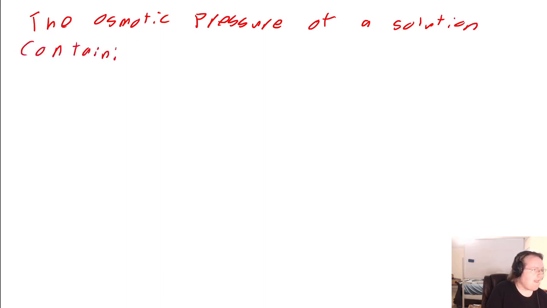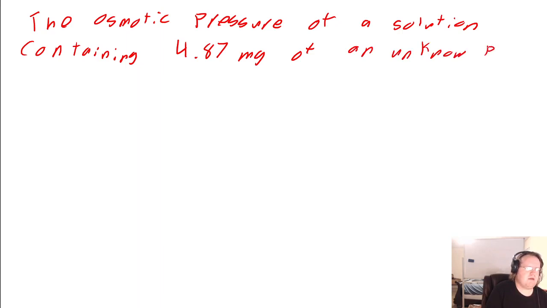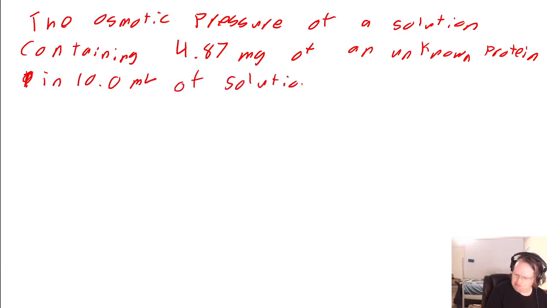The osmotic pressure of a solution containing 4.87 milligrams of an unknown protein, so a protein means it's probably going to be pretty big, in 10.0 milliliters of solution is 2.25 torr at 298 Kelvin.